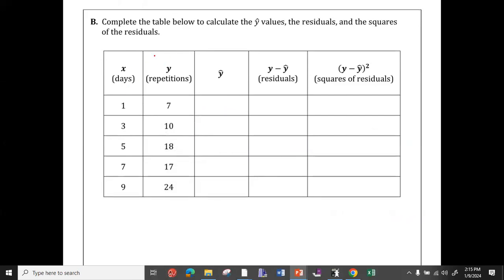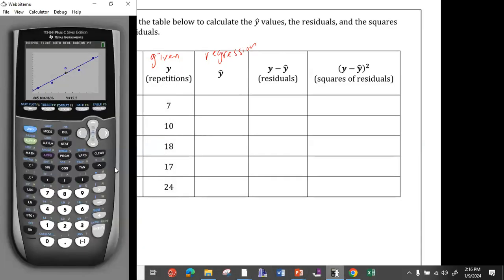Okay, so this is our given information, and this is from our regression. Then hit graph. Okay, so now we're going to look at our table and get the regression values for 1, 3, 5, 7, and 9. So I'm going to grab my calculator.